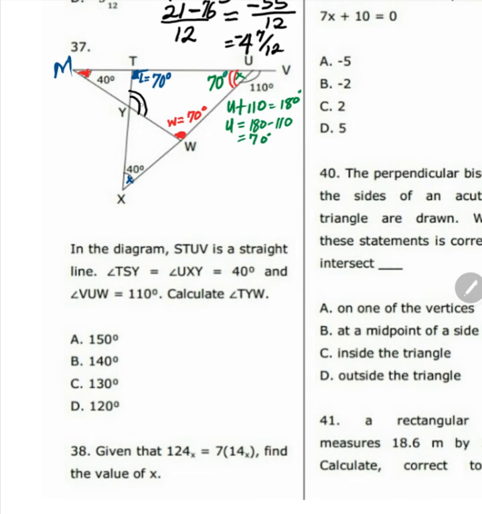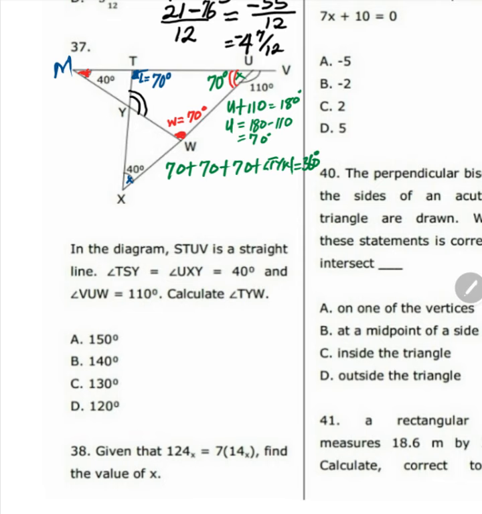Now to obtain this angle Y, that is angle TYW, we are going to sum all the four angles in the quadrilateral there, that is TUYW. So we are going to have 70 plus 70 plus 70 plus angle TYW will be equal to 360 degrees.